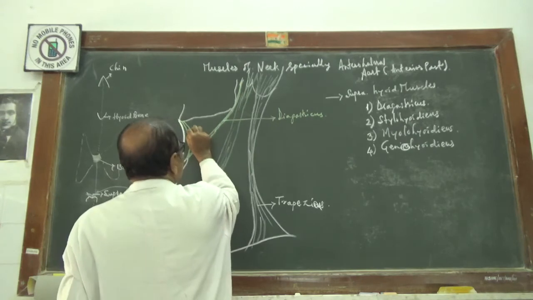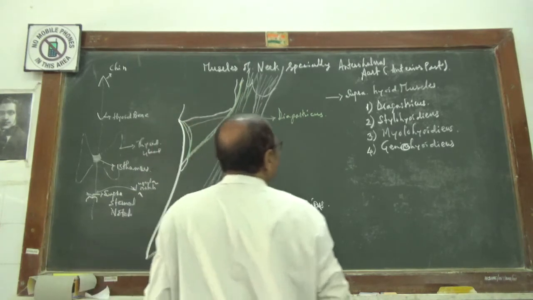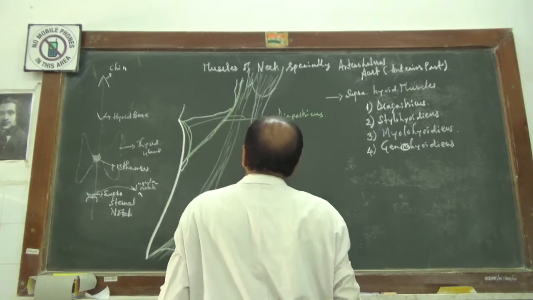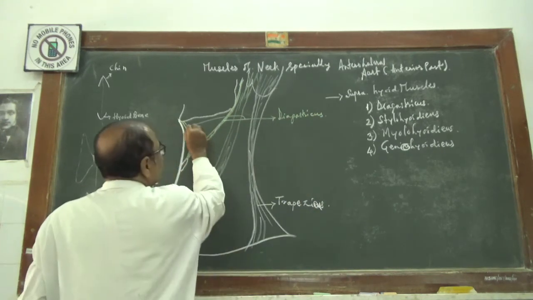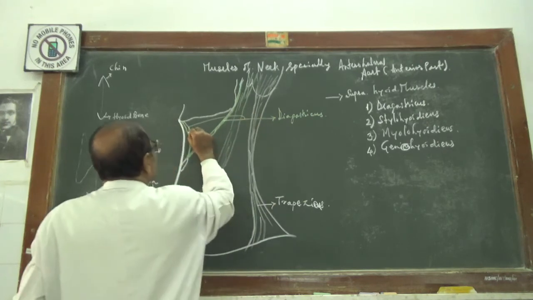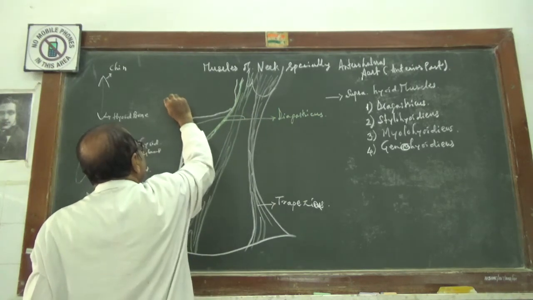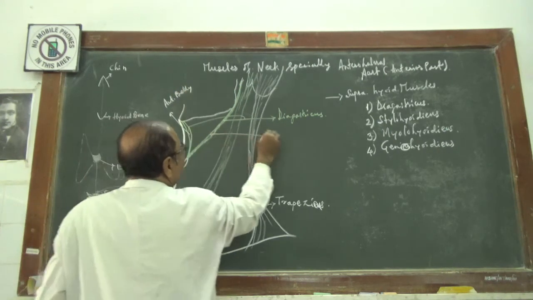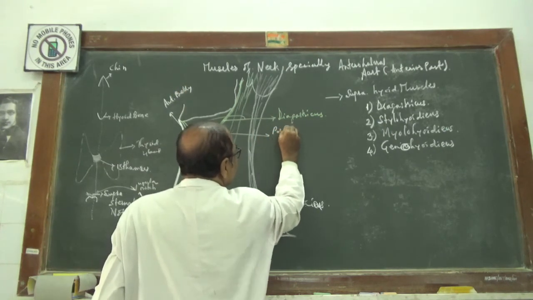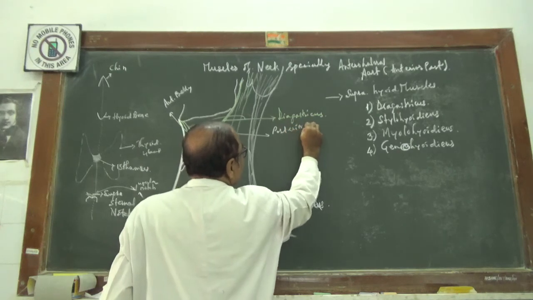This is also called a digastric, so you have two bellies. This is the anterior belly, and this will be the posterior belly.